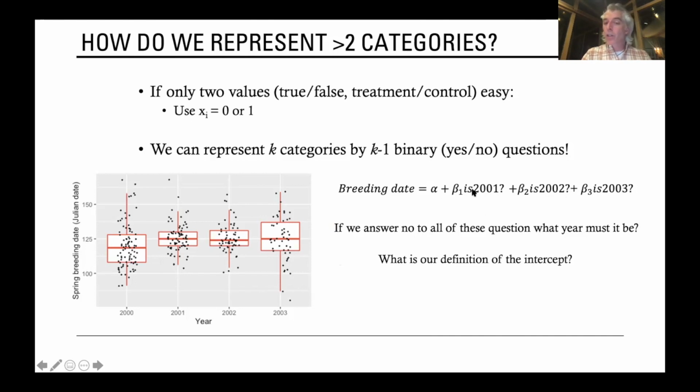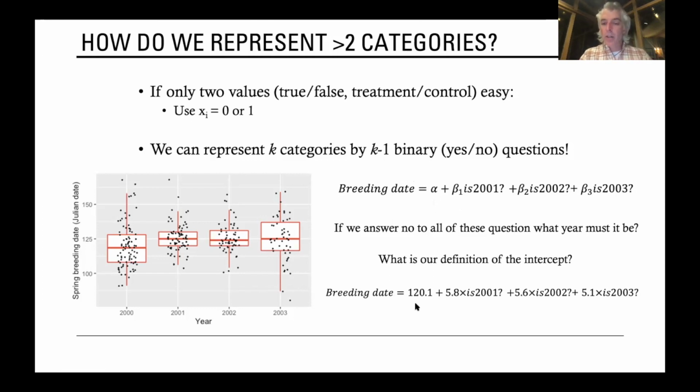So when the answer to the question, is it from 2001, is 0? Is it from 2002? No, so that's a 0. Is it from 2003? No, so that's a 0 as well. So when the observation comes from the year 2000, the answer to all of these questions is no. And as a result, the average breeding date for the year 2000 is represented by alpha, or our intercept.